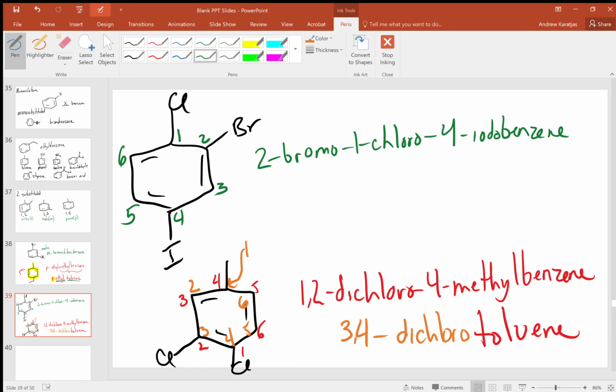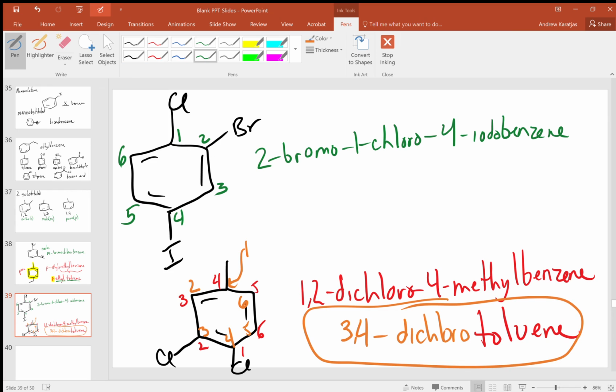So which name is right? Well, based on the IUPAC rules, both of them are right. Do we like one better than the other? Yeah, usually the shorter the name, the better off we are.